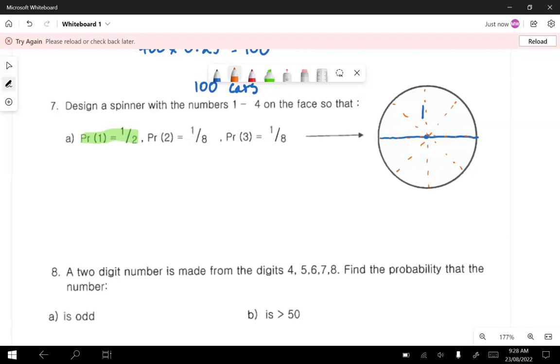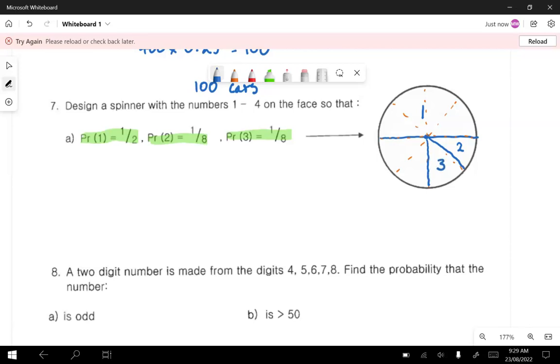The blue lines that I'm putting on here are my answers. So I can see here that one of those 8ths represents 2. So that's this one here, okay? And similarly, look at this. The probability of 3 is also 1/8. So that becomes 3 on our spinner.